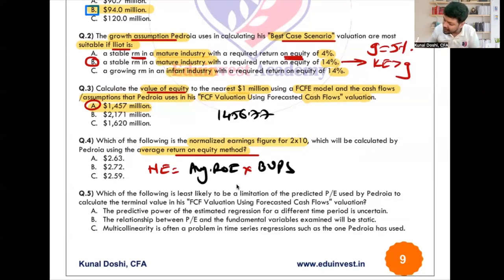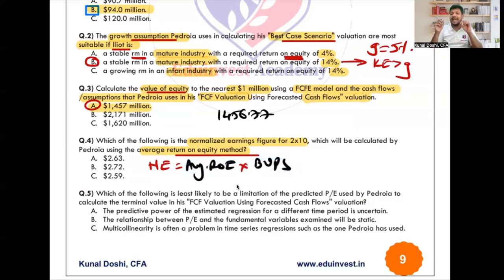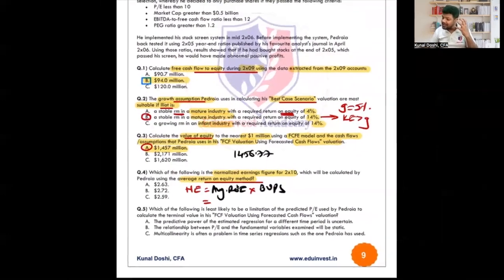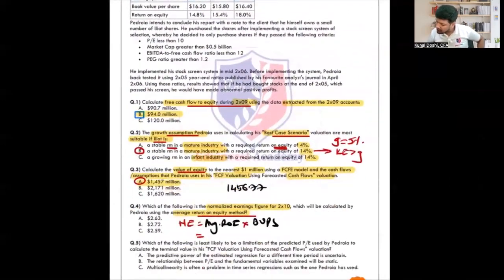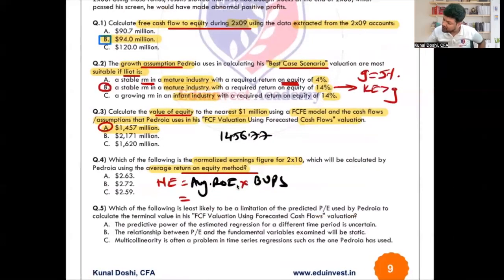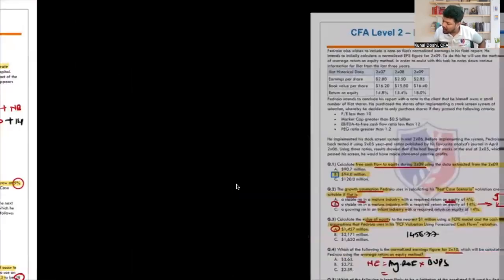So normalized earnings per share, if you go using the average ROE which they have asked, you need the average ROE and multiply that with the book value per share. So I require the average ROE. So what all information do I have? Which of the following is the normalized earnings which will be calculated using the average ROE?